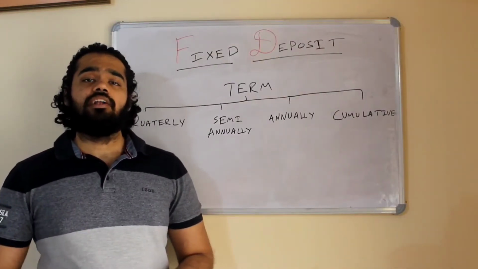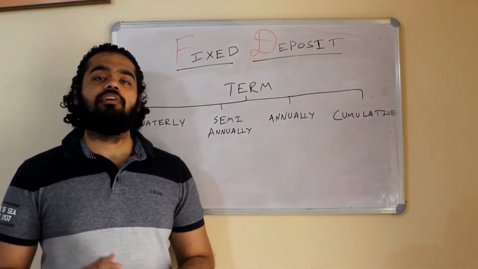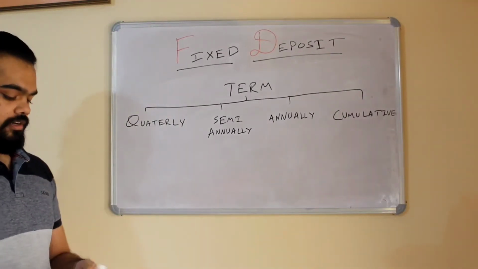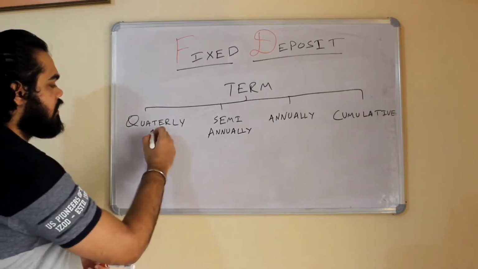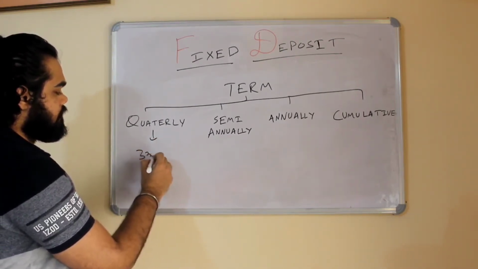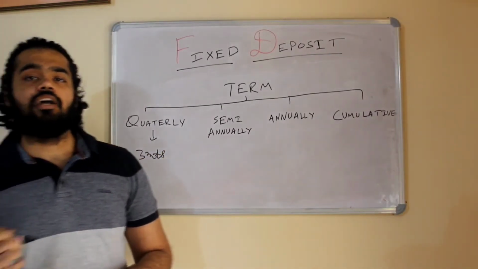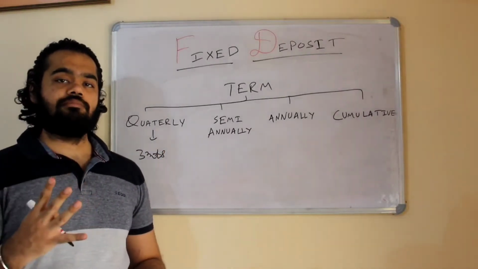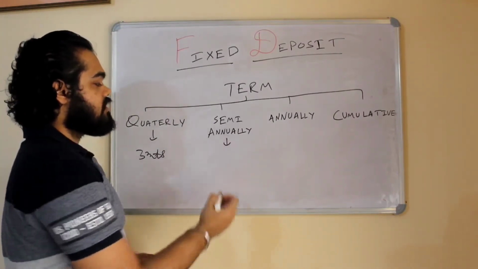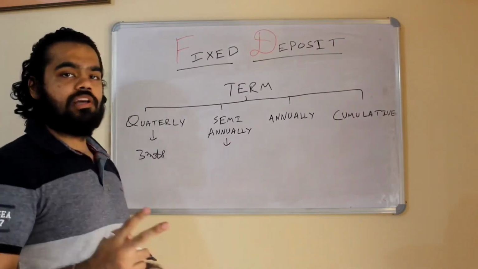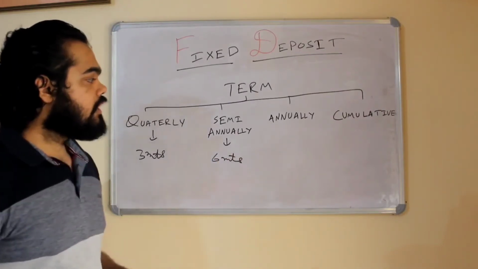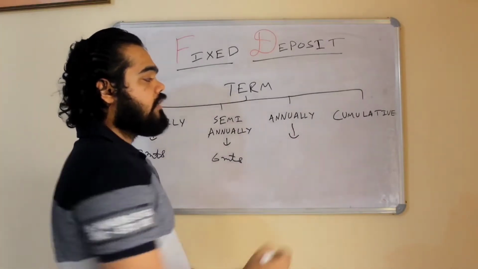Now let's understand what all terms of FD are available in the market to choose from. The first one is the quarterly interest. Under quarterly return, you will get interest every 3 months. That is, you will be paid interest 4 times a year. Next one is the semi-annually. As the name suggests, you will get interest twice a year. That is every 6 months on your FD. Under annually, you will get the whole interest amount only once.